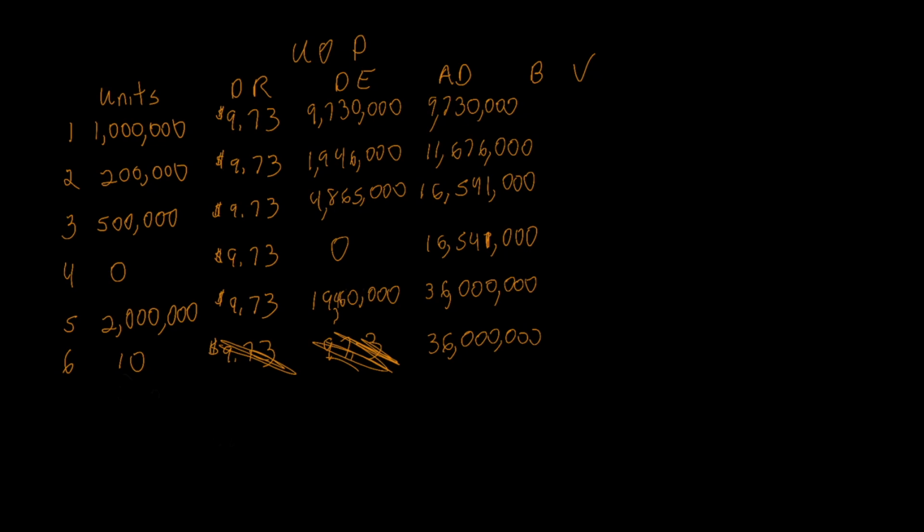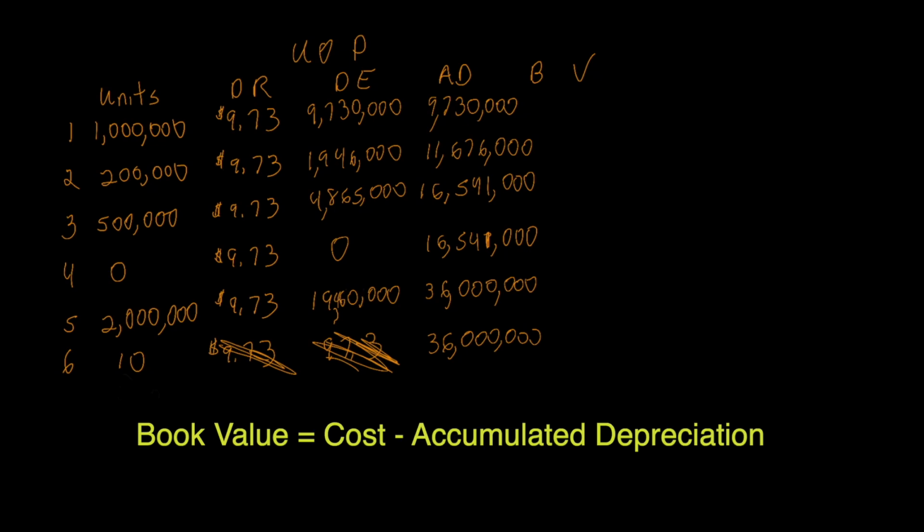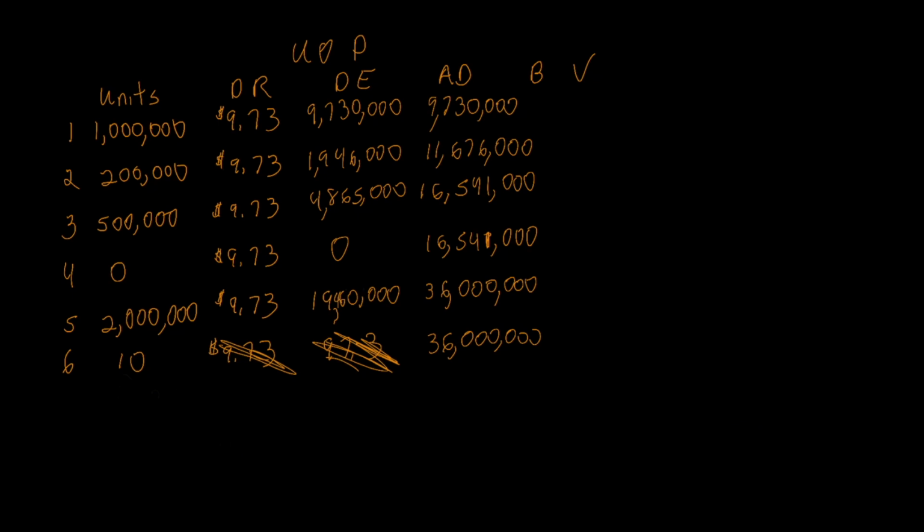And so in terms of calculating our book value, gang, we always know that book value is simply cost minus accumulated depreciation. And so for year 1, our cost of $40 million, we subtracted from the accumulated depreciation of $9,730,000, and that will give us a total of $30,270,000.